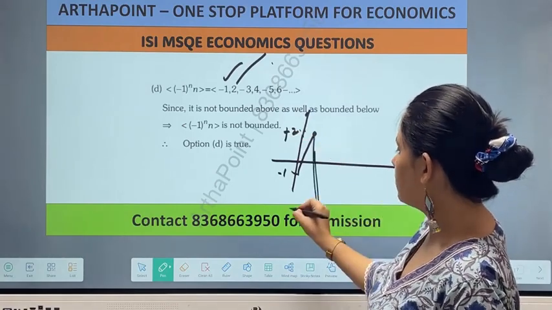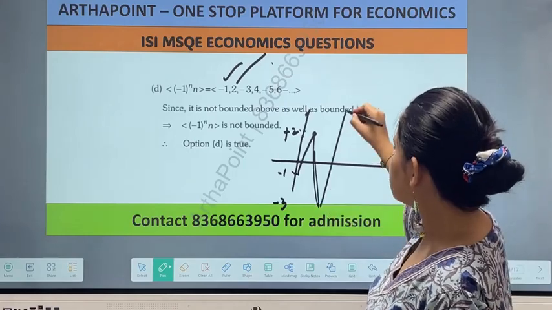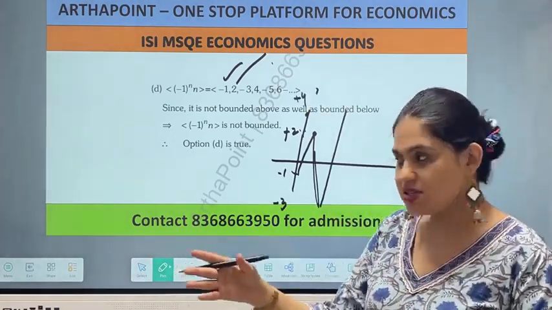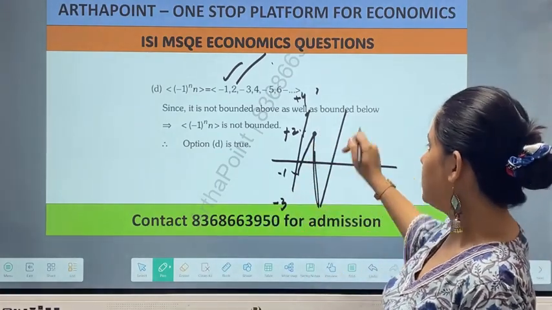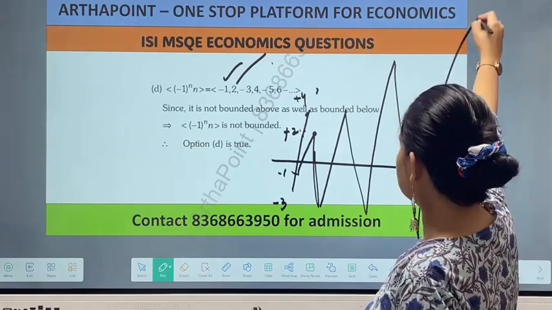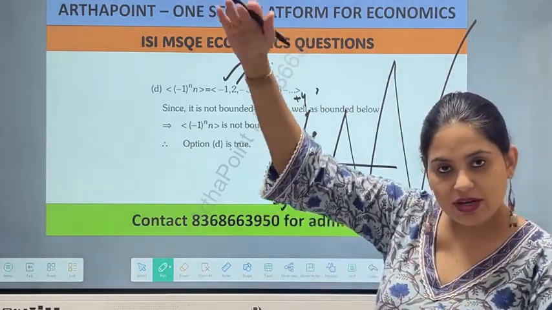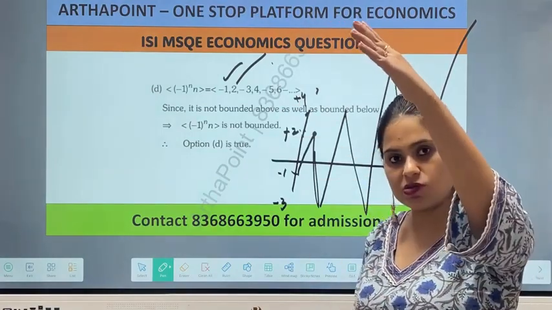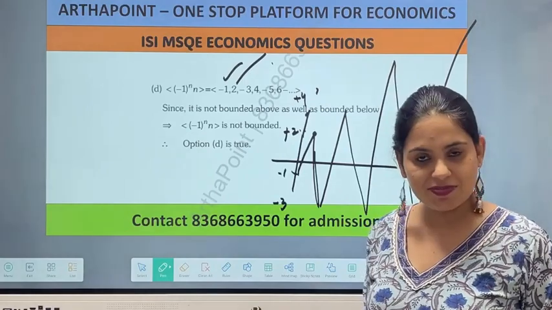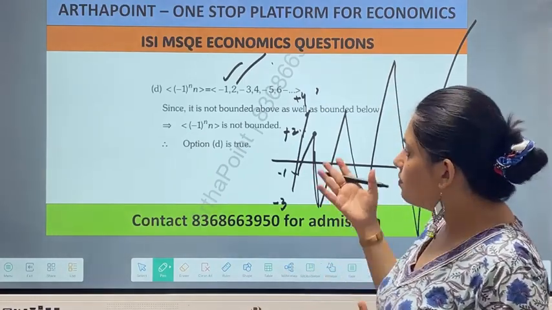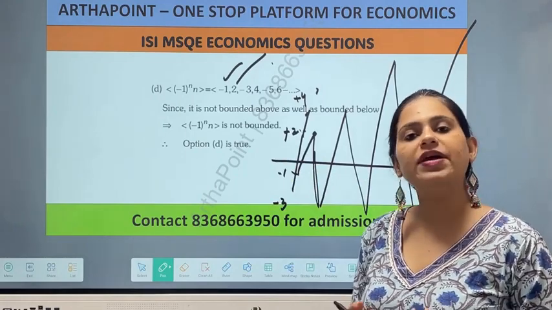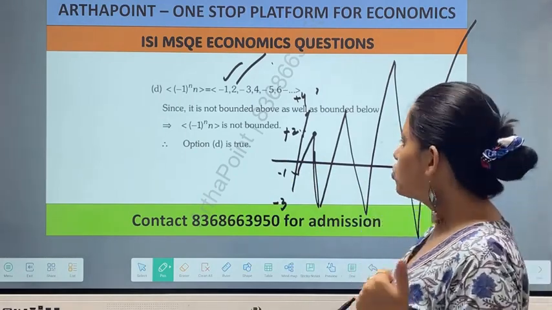Minus 1, plus 2, minus 3, plus 4. It will keep going like this. It will become bigger and bigger, in the lower part and in the upper part also. There will be no bound to it. Because there will be no bound to it, it will be an unbounded sequence. So everyone who said that the answer should be D, you are correct. The correct answer to this question should be D. And that's absolutely correct.